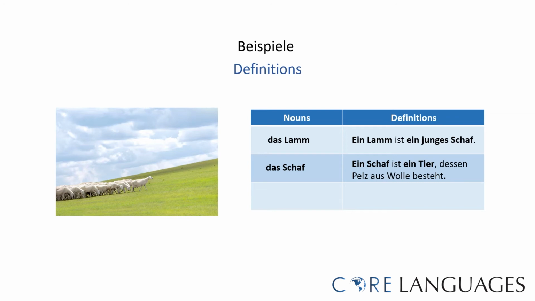Ein Schaf ist ein Tier, dessen Pelz aus Wolle besteht. A sheep is an animal whose fur consists of wool. Die Wolle, the wool. Wolle ist eine Art Pelz. Wool is a kind of fur.